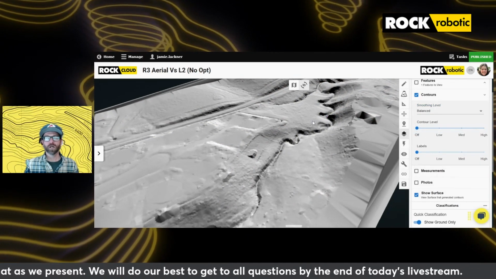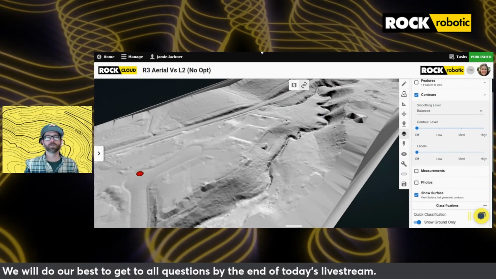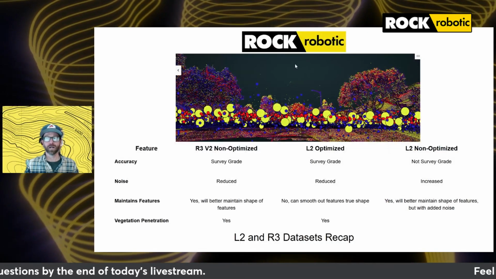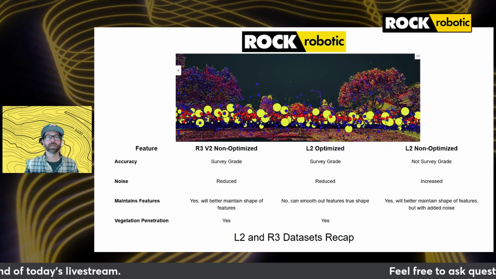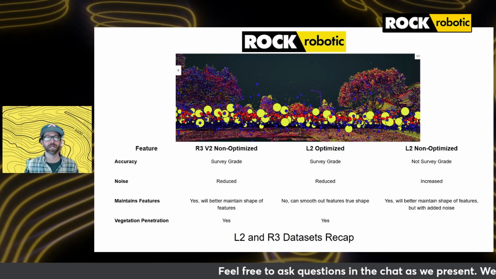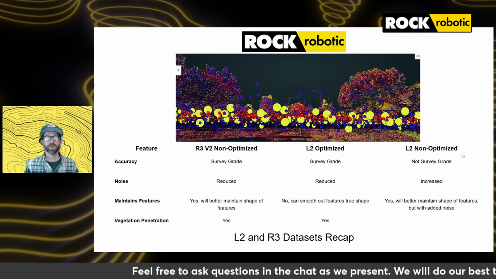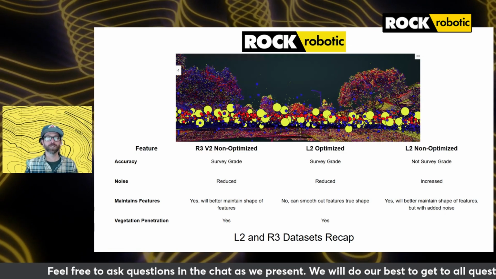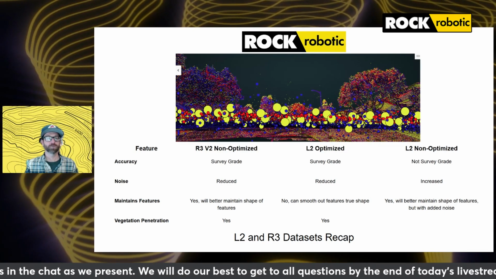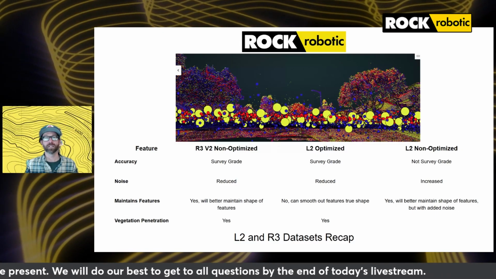So what we saw for our 3 data sets, where we looked at the R3 non-optimized, and then the 2 DJI L2, an optimized and a non-optimized. For our accuracy, we can achieve that survey grade 3 centimeters or less with non-optimized R3 V2 LiDAR data and optimized L2 data.